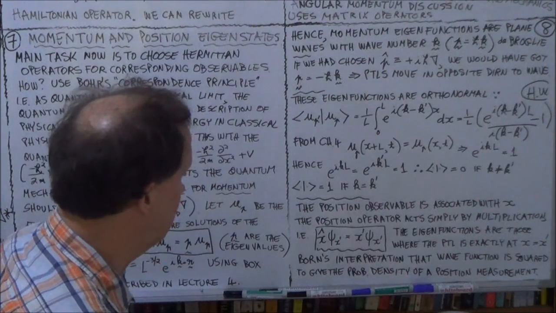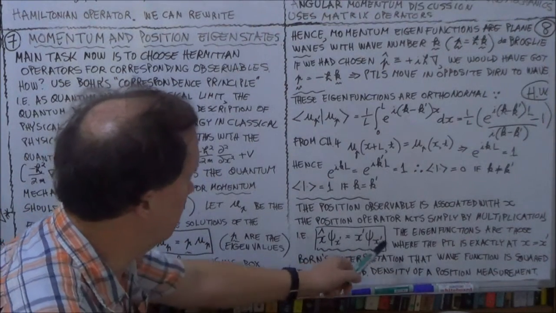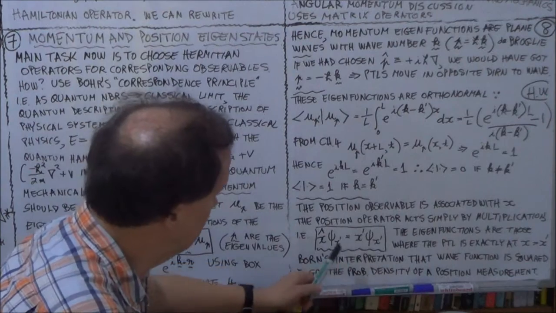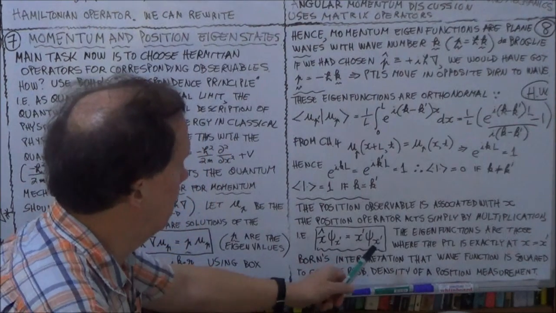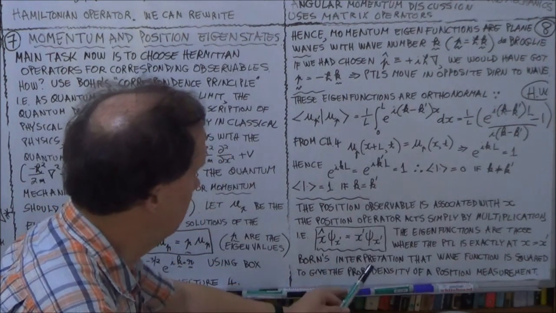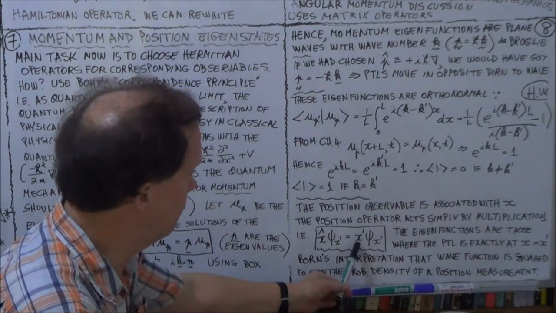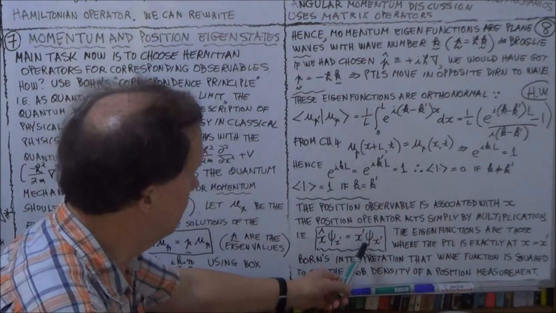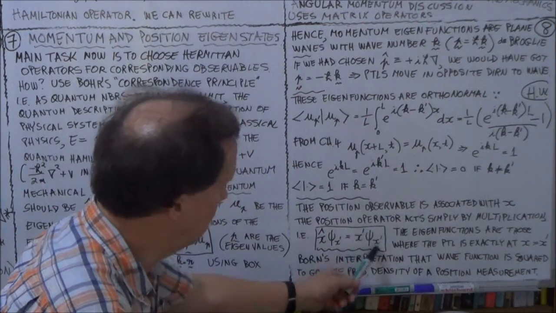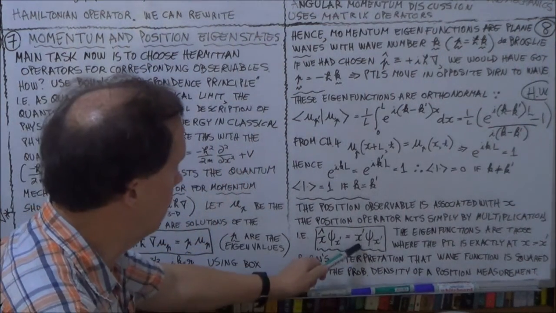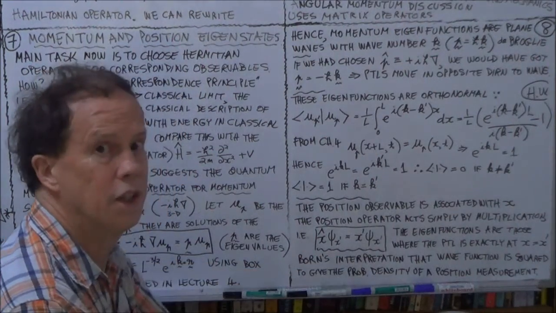Before I get into that, let me elaborate a little bit more. How do you interpret this? These are your eigenfunctions corresponding to this eigenvalue. In other words, this eigenfunction is the eigenfunction you get when the eigenvalue is x'.